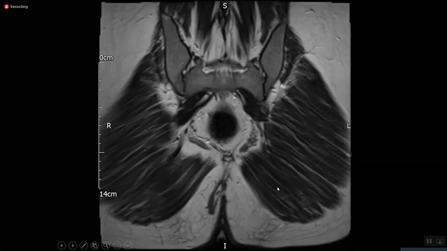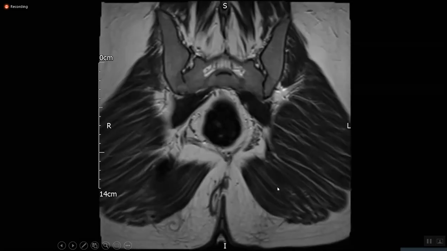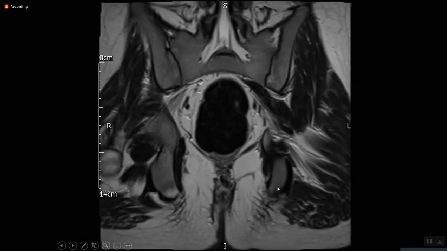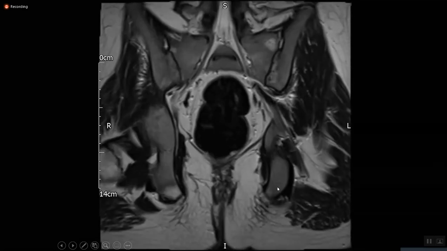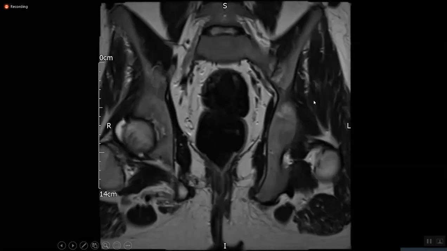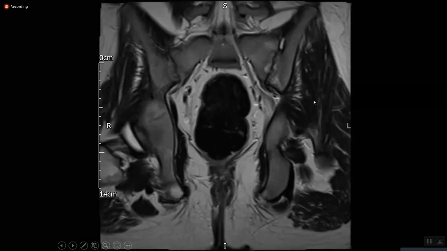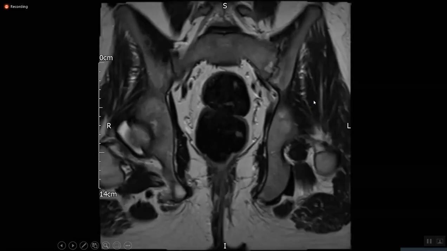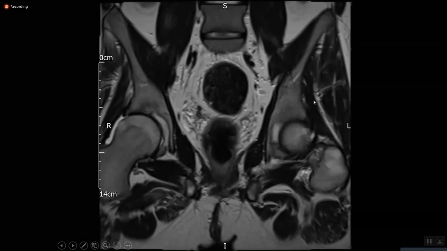Focusing on the sacroiliac joints to begin with, I can see some areas of high signal involving both aspects of the sacroiliac joints bilaterally compared to the muscle. As seen on the radiograph, there's reduced joint space and complete narrowing of the sacroiliac joints.